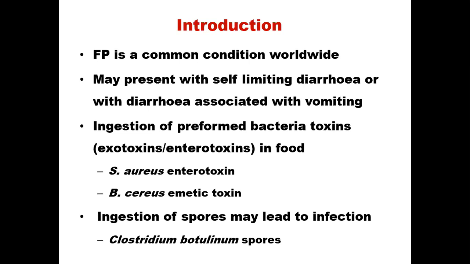Examples include Staph aureus enterotoxin and Bacillus cereus emetic toxin, that is, it causes vomiting. At times, food poisoning may be as a result of the ingestion of spores, not really the toxins. In this case, the spores will get to the GI and then convert to the vegetative form of the organism and start producing toxins. So a good example is Clostridium botulinum.